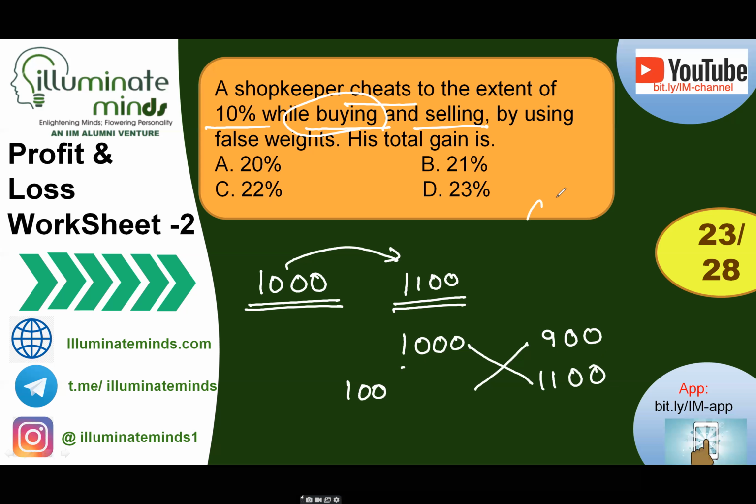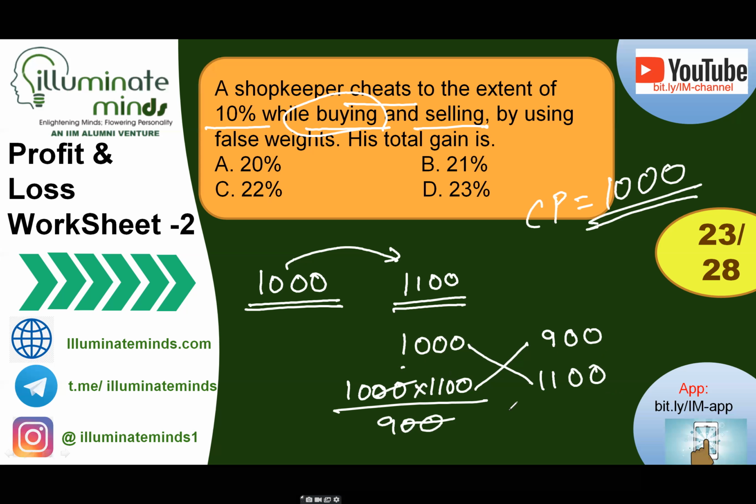His investment is clearly 1,000 rupees in this entire deal. So this will be 1,000 into 1,100 divided by 900. I'm sorry, I'm making a mistake in the calculation.